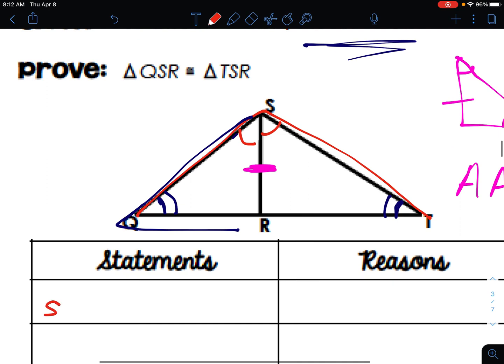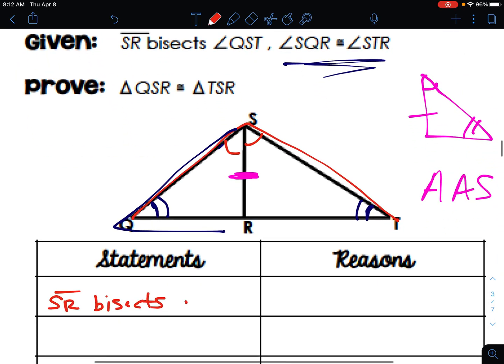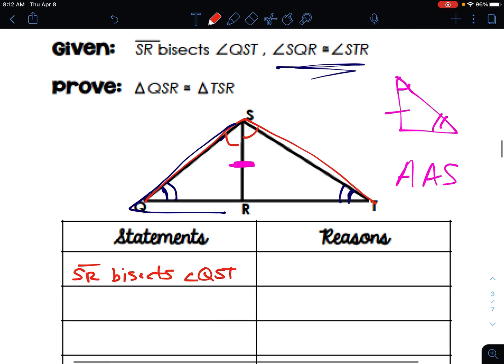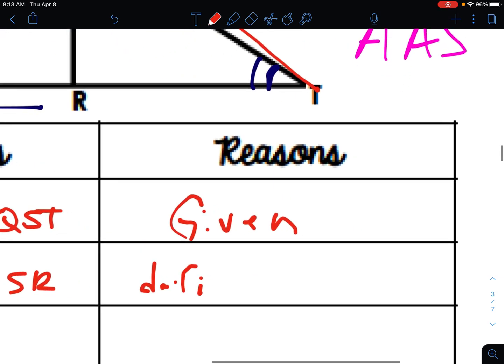So let's write this proof. SR bisects angle QST. That was given. And then from that, we got angle QSR is congruent to angle TSR.